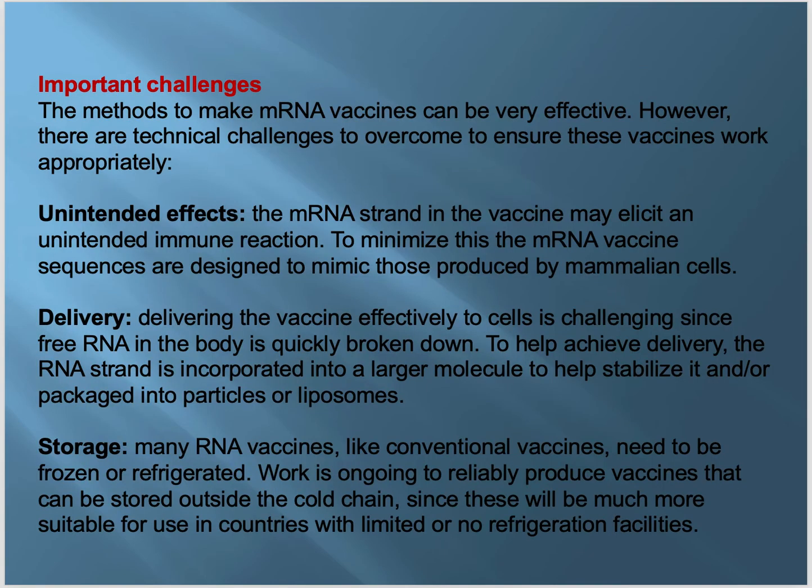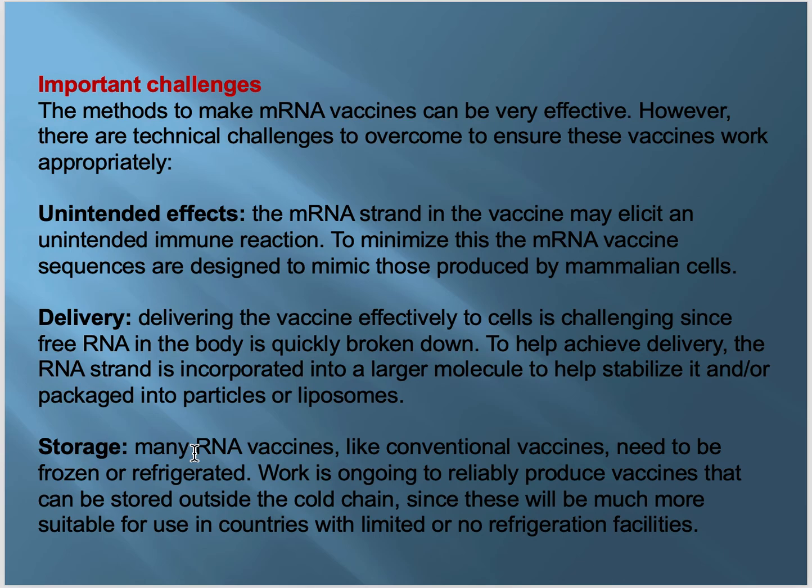Then storage. There are challenges with storage. Many RNA vaccines, like conventional vaccines, need to be frozen or refrigerated. Work is ongoing to reliably produce vaccines that can be stored outside the cold chain. If we need to store them frozen or refrigerated, we have to use the cold chain throughout storage and transportation.